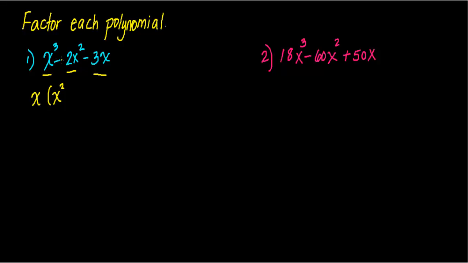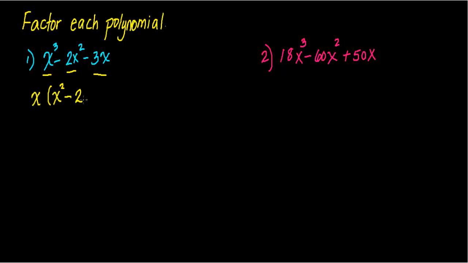Next thing you do, this minus sign, you bring it down, minus. Now for your second term, you think to yourself, x times what will give you 2x squared? Well, I definitely have to multiply by a 2. So far, x times 2 will give me 2x.